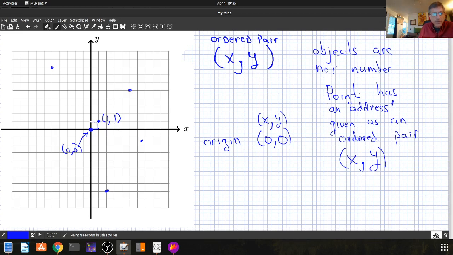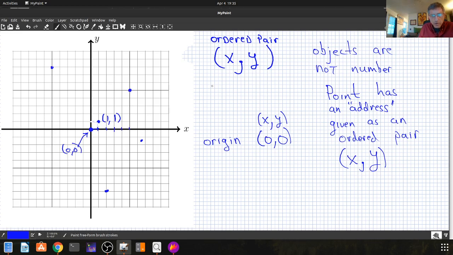Well, let's see if we can find the ordered pair. These addresses, what I'm calling an address, are called ordered pairs in the rectangular coordinate system. So let's see if we can find the coordinate. That's what we use for addresses. Coordinate of this particular point? Well, let's start down here at the x-axis. I'm moving 1, 2, 3, 4, 5.